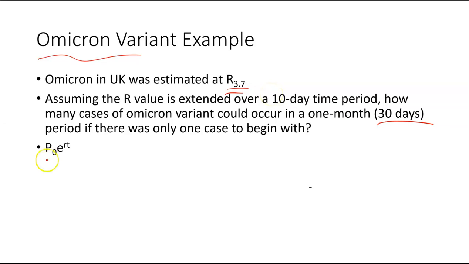All right. And we can use this familiar equation that we learned back in Unit 3 to estimate that. So in this case, let's say our P0, our original population, this would be the one person that was infected. We'll take that 1 times our e value, which is about 2.71, I believe, to the rt. So r in this case is going to be 3.7.